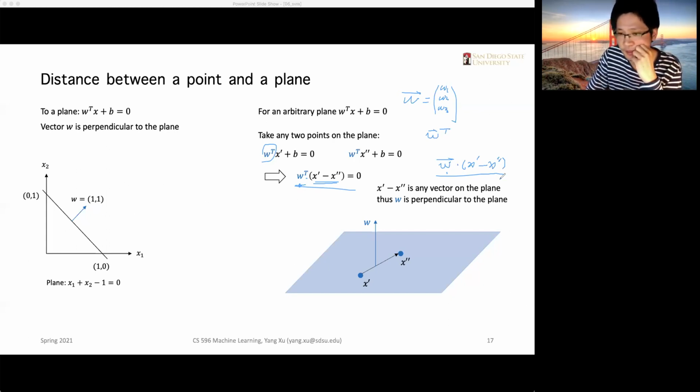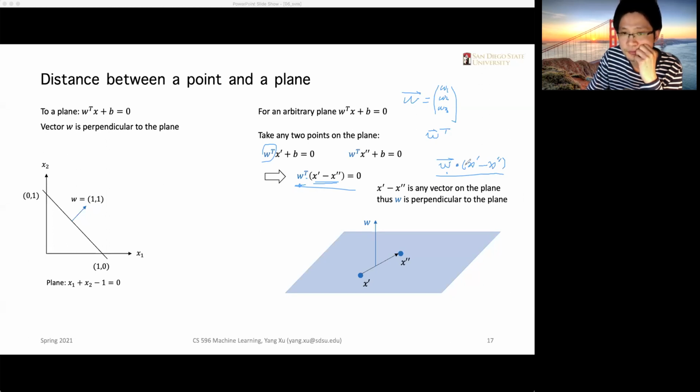Okay, I think someone gave the answer in chat. Is it correct? If it was just W, not transpose, then it would be parallel, right? You mean if you use the dot here?